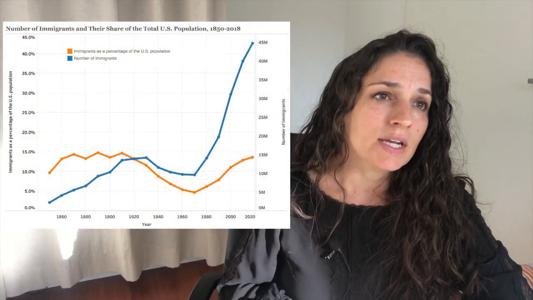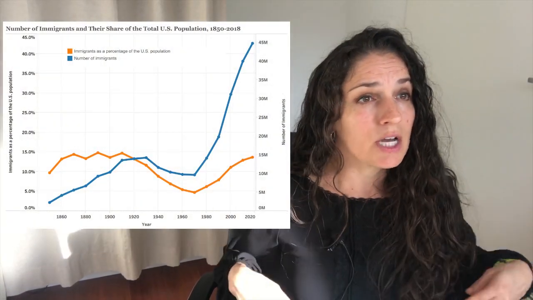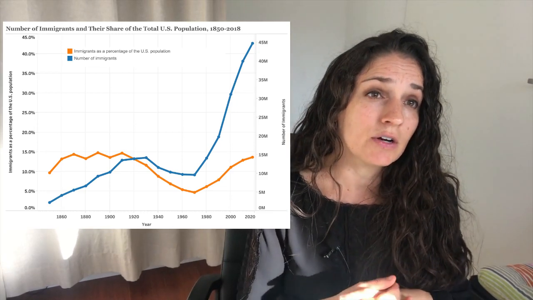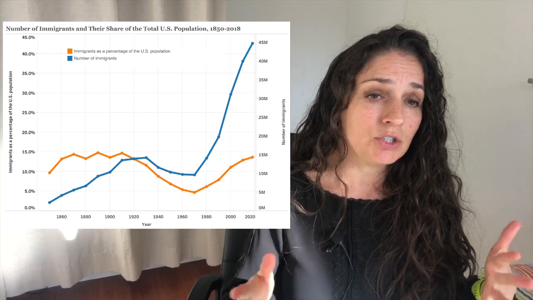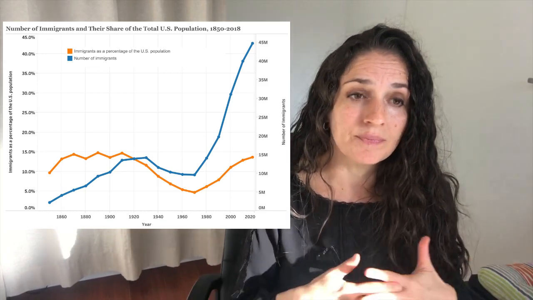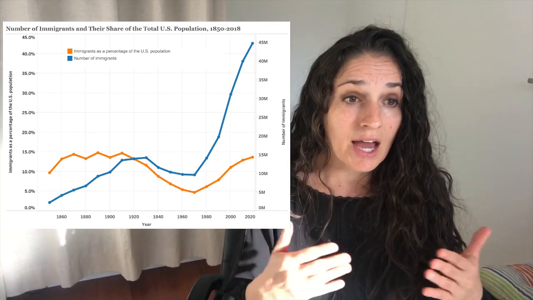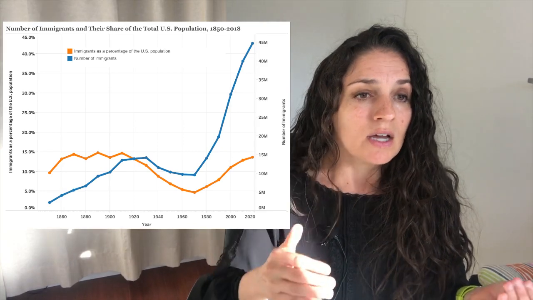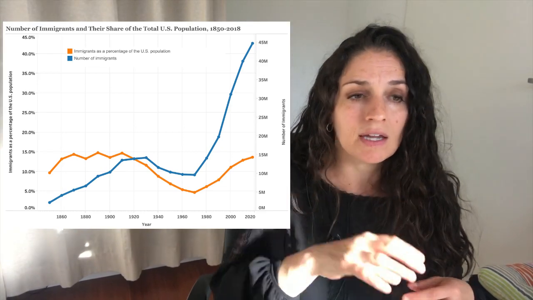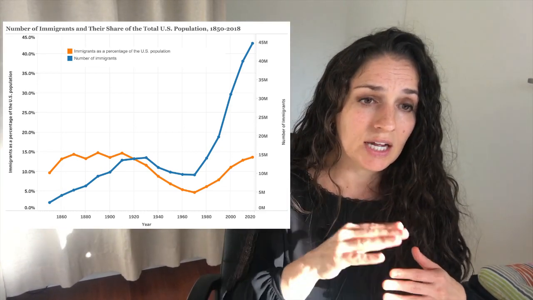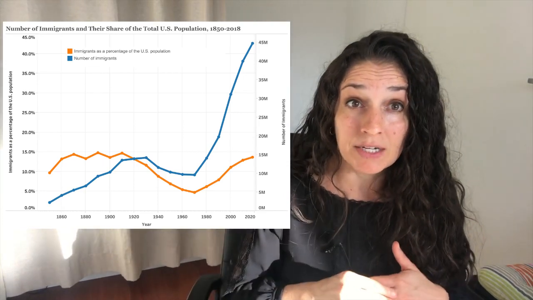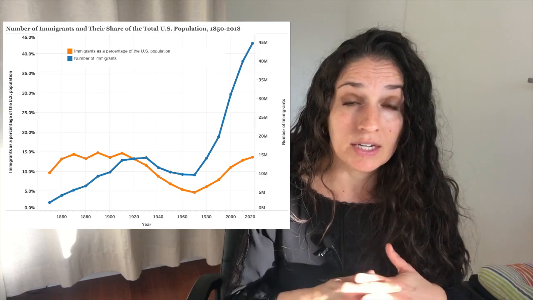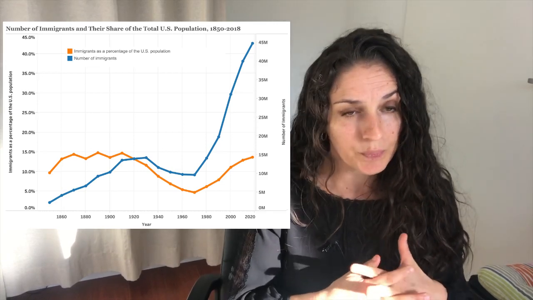Here we can see in this graph the number of immigrants and their share of the total US population, from 1850 to 2020. What you can see is that the absolute number of immigrants had a peak around 1920 and then reduced, but then has gone up exponentially since around the 1970s or so.